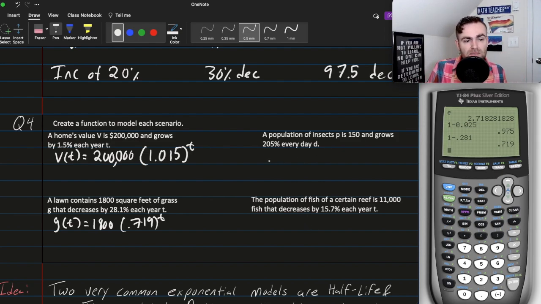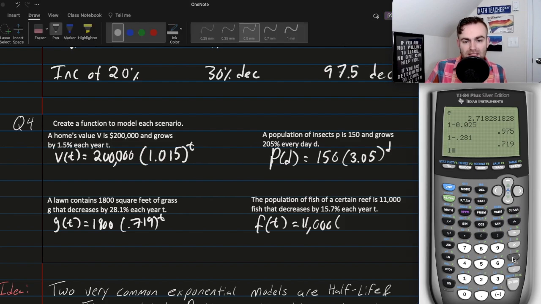This one is going to be P of D is equal to 150 times 3.05 to the D power, and this one is going to be, I guess, F of T is equal to 11,000 times, that'd be 1 take away 15.7.